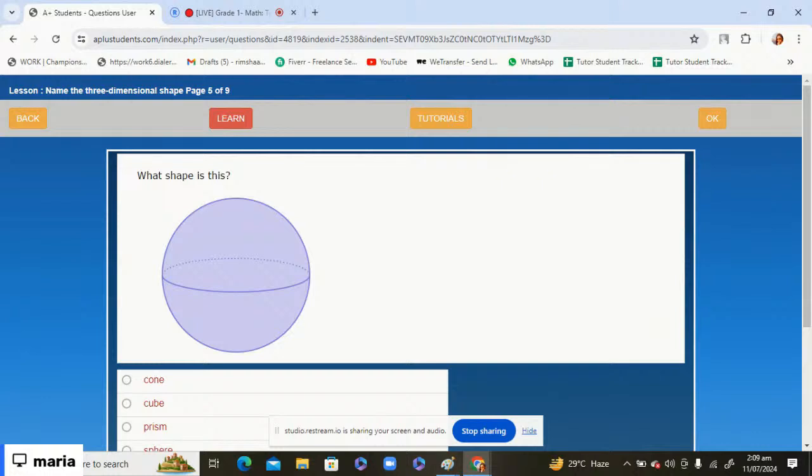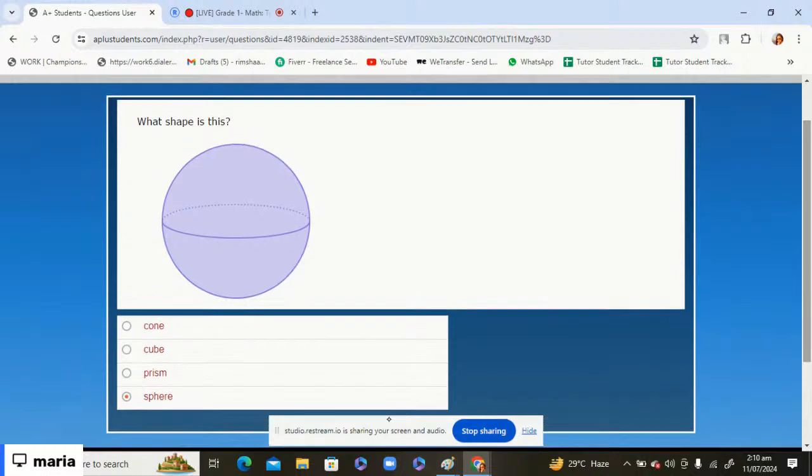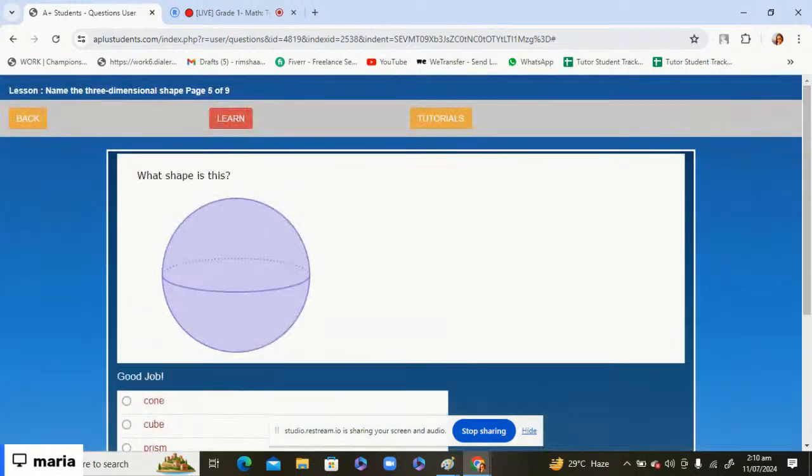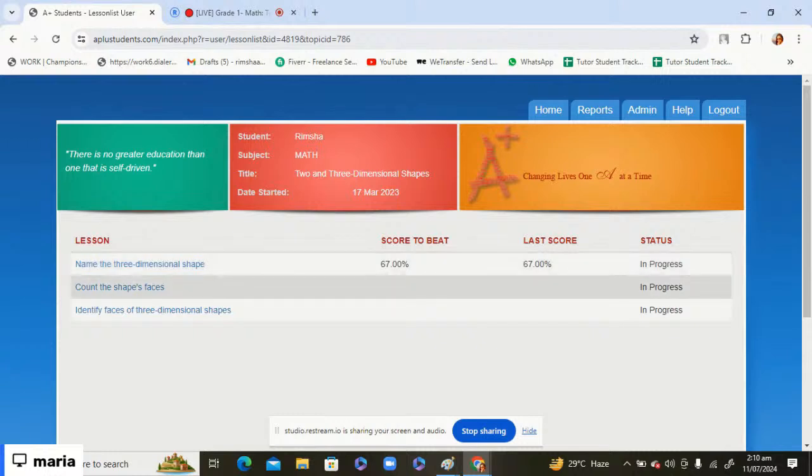Yeah, good everyone. Okay, it's again the sphere. It's not cone, it's not cube, it's not prism. Okay, so hope you guys understand this lesson. So solve the rest of the test questions by yourself. Okay, now let's do the next.